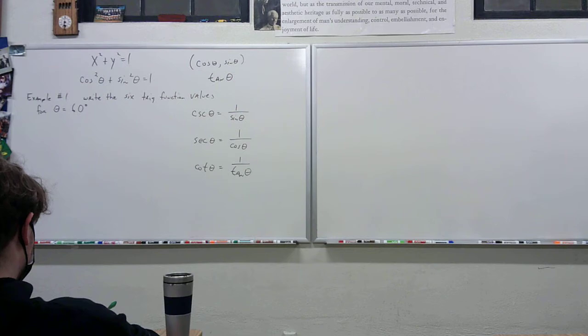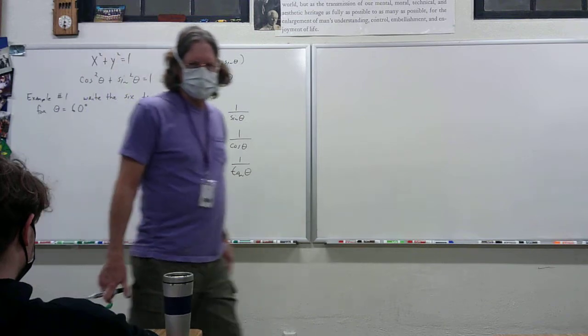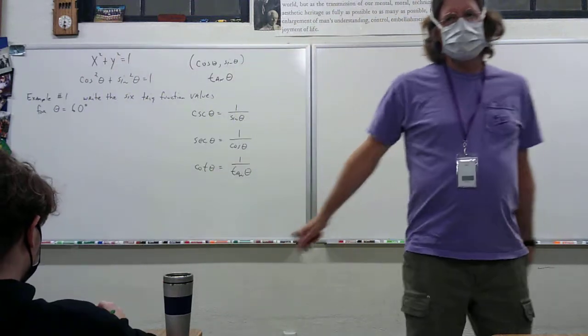Write the 6 trig function values for theta equals 60 degrees. I'm going to show you how to do it. And you're going to write it just like I write it on the paper when you do it. You're not going to write it in any different order.